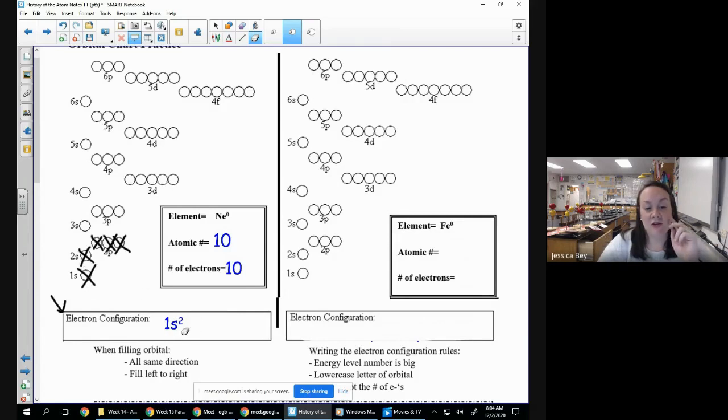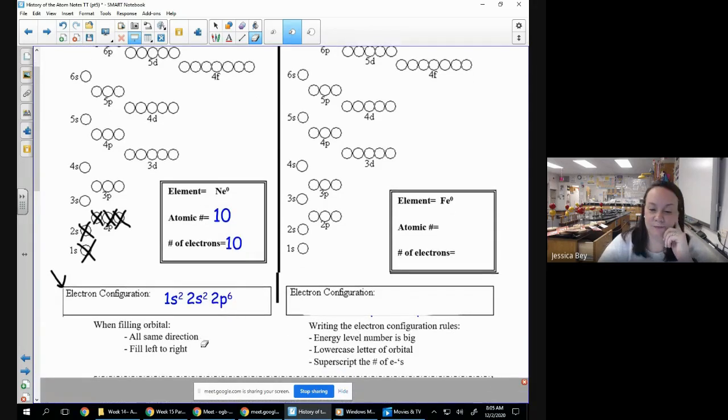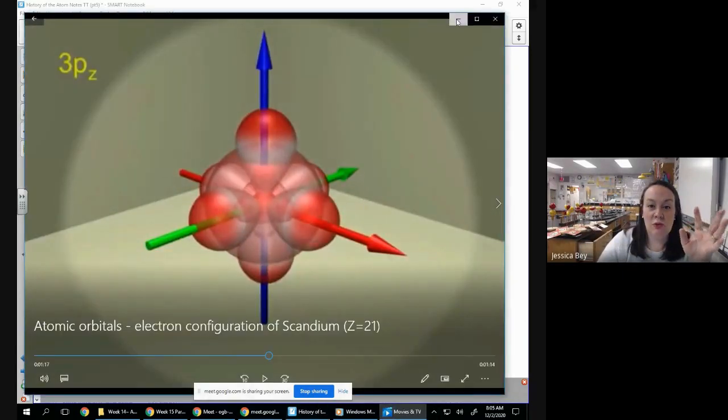Then in the second energy level, I have 2s, 2. And then in 2p, I have 6. Okay, so what are those numbers telling me? They're telling me what energy level I have electrons in, what shape I have them in, and how many electrons I have in each of those. So it's giving you a visual representation of something like this.